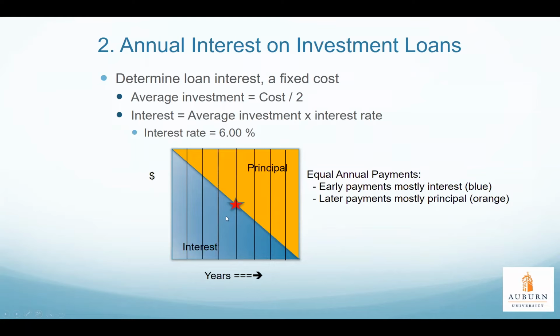And then after this midpoint, we have more of the principal being paid in that equal annual payment than we do the interest. And so this spot right in the middle, which is the cost divided by 2, is what we want to use for our interest calculation. So we take the average investment and multiply it by the interest rate, and interest rates are favorable these days. We're using a medium-term interest rate of 6% per annum.